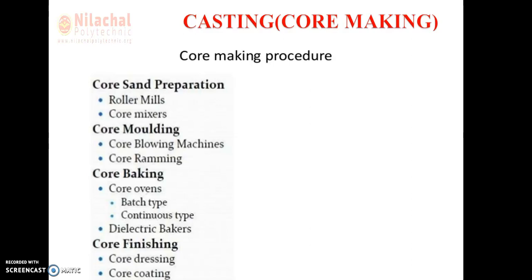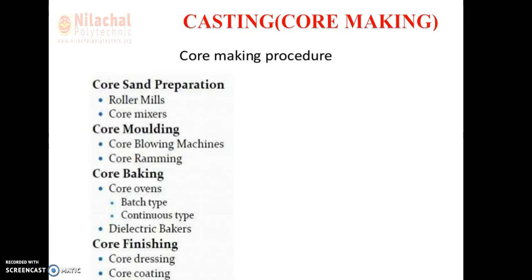So the next process is core molding. Cores are made manually or by using machines. In this operation, the already prepared sand mixture is filled into the core box and then rammed. The methods used to ram the sand are usually done by machines.